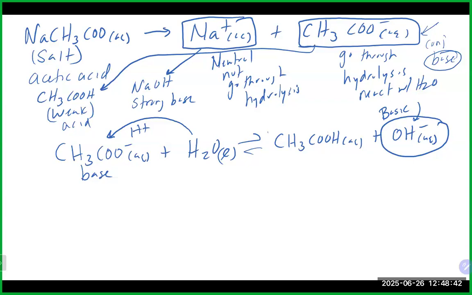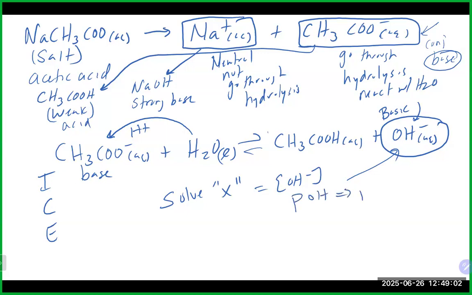To do a calculation, no surprise here, this would be an ice table. And when you solve for X in this case, it is going to equal the hydroxide concentration, again, not the H plus concentration. This will get you your pOH to your pH. By the way, when I do my ice table calculation, what type of K value should I need? Ka, Kb.